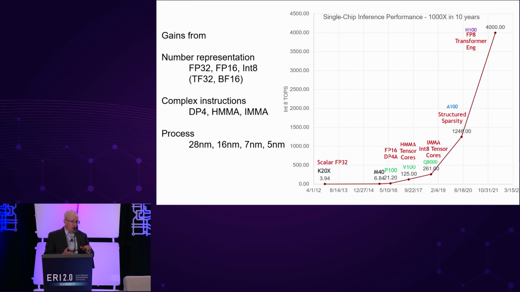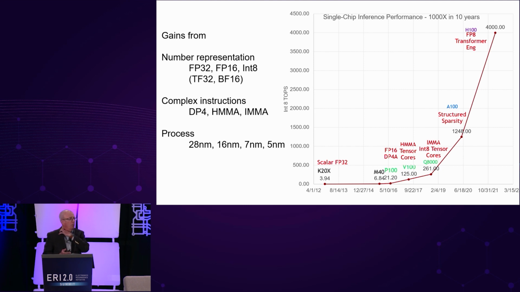And by the way, these are color-coded. Black here is 28 nanometers. The 3 green ones are 16, although some of the later ones, TSMC called 12, it was still 16. And then 7 and 5 nanometer technologies. And so going from 28 to 5 actually gave us about 2.5x in perf per watt. So we didn't get that much out of process technology. It came more from architecture and cleverness.